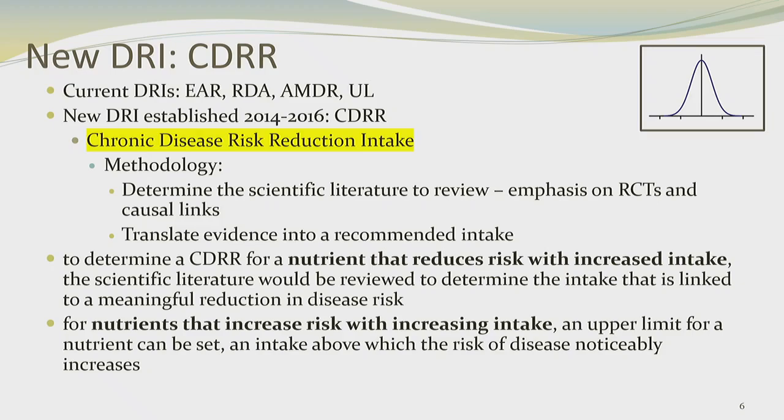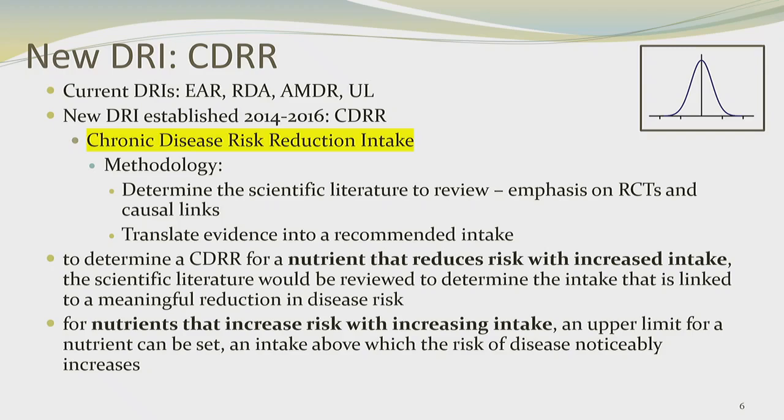A CDRR is a bit different. A CDRR is determined differently depending on whether the nutrient increases disease risk or decreases disease risk. First of all, if a nutrient reduces the risk of a disease with increased intake, then the scientific literature is reviewed to determine whether an intake that is linked to a meaningful reduction in the disease can be established.